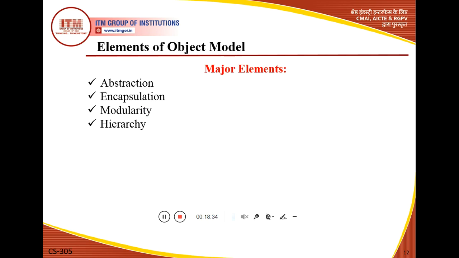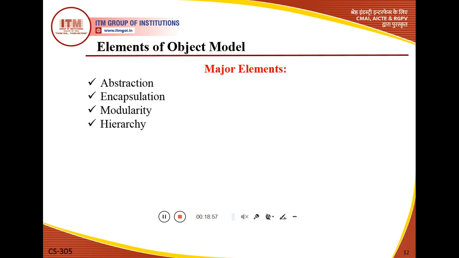Now the next topic of today's lecture is elements of the object model. There are two types of elements that will be used in the object model: major elements and minor elements. What do you mean by major and minor elements? Major elements are abstraction, encapsulation, modularity and hierarchy.